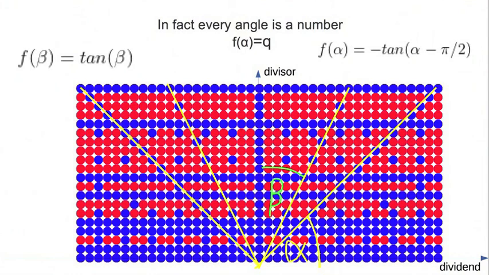The cool thing about expressing a number by an angle via tangents is that we can see that there are some numbers which cannot be expressed with rational numbers, which is really weird. For example, if we put in a degree of 30 degrees in beta or alpha, doesn't matter, we will draw a line which never ever reaches a point exactly.